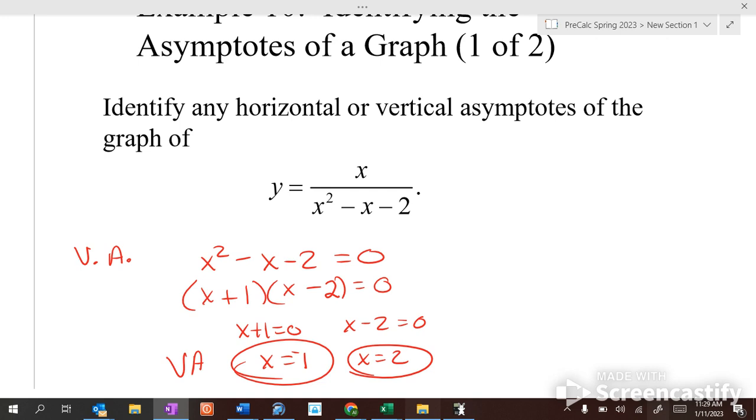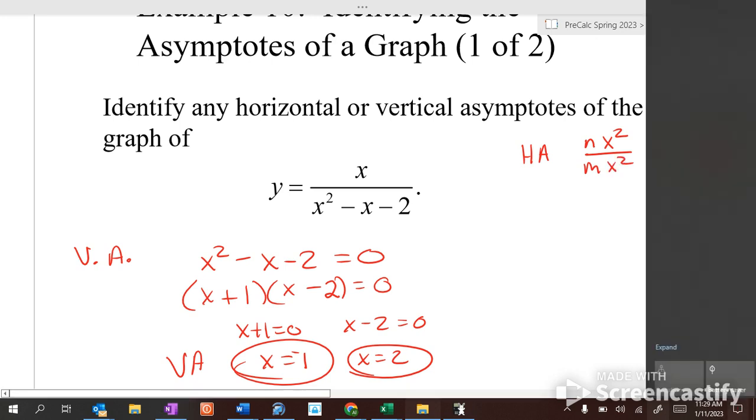Okay? Horizontal asymptotes, these are the fun ones. For a horizontal asymptote, if you have the same power, like nx squared over mx squared, okay?